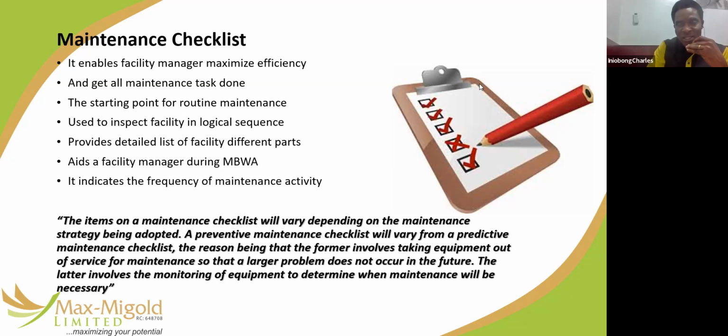For predictive maintenance, you use all the equipment or devices you have to monitor the facility. From the data we have gathered, we can see here that this facility might fail in the next 2 weeks. So we should be prepared for maintenance. We should carry out the maintenance today or tomorrow. So that's just the difference.